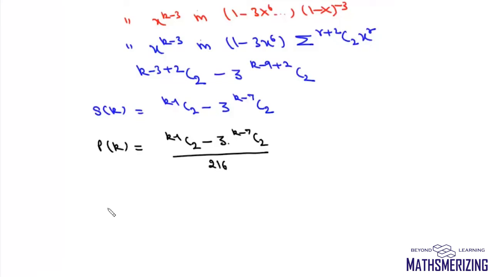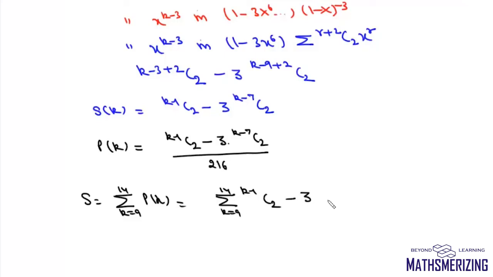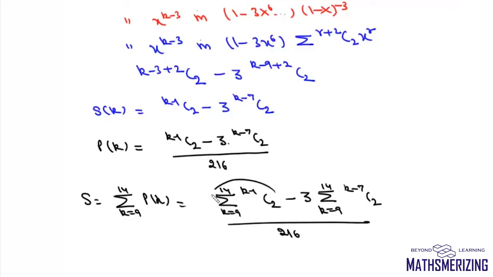Now we need to find this s, which is the summation k varies from 9 to 14 pk, and which will be this summation k minus 1 C2 where k varies from 9 to 14, minus 3 times this summation k varies from 9 to 14 k minus 7 C2, divided by 216. Now we need to solve these two summations.